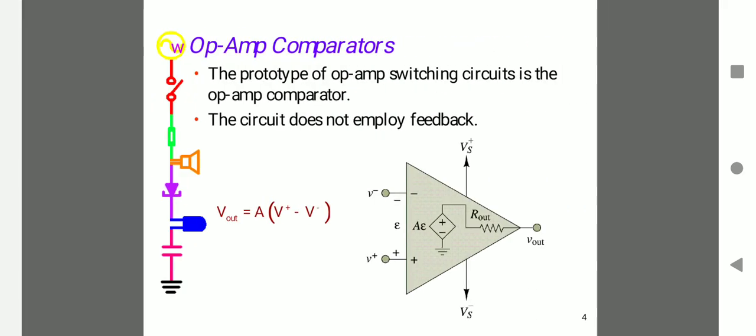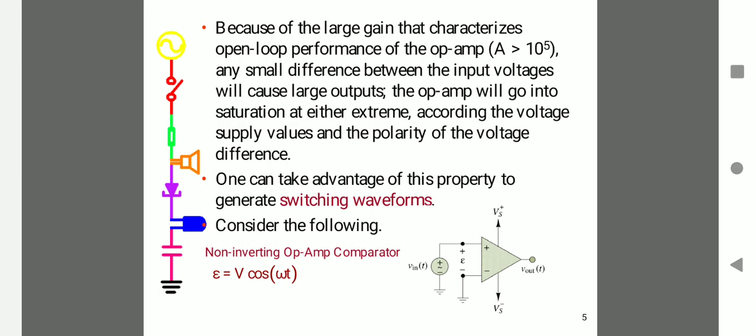The prototype of the operational switching amplifier is the op-amp comparator, which does not employ any feedback. Since we have a large gain, the open loop gain is greater than 10 to the power 5, so a small difference between the input voltages will cause a large output.